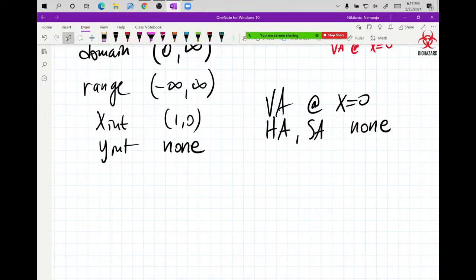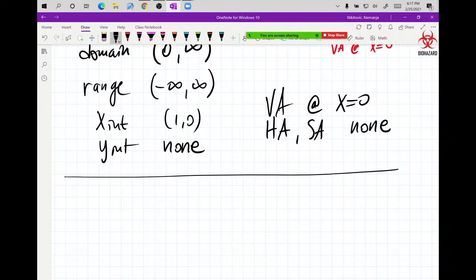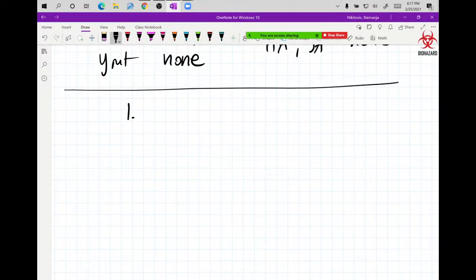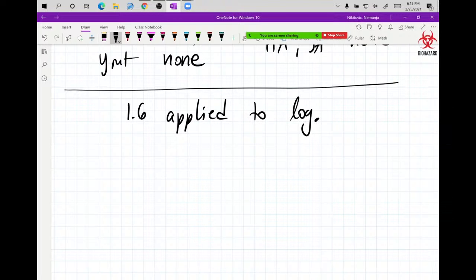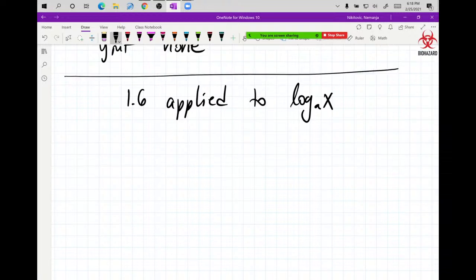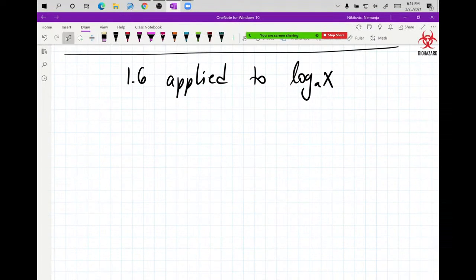So, what do we get? Well, 1.6 applied to log base a of x. Meaning transformations: shift left, right, up, down. All 6 of those that you learned apply to the log because logs, it's a function.